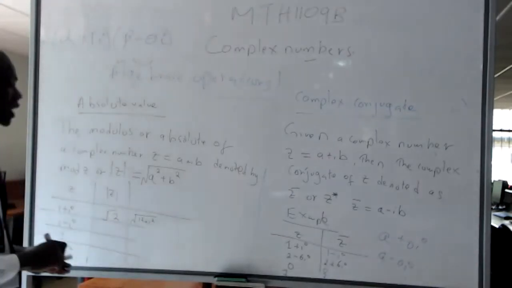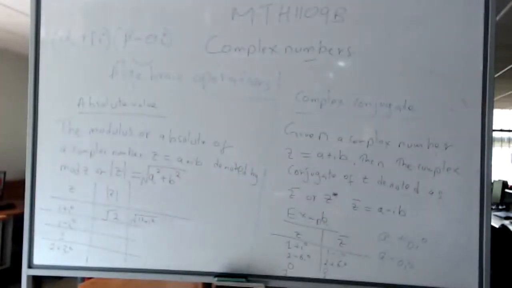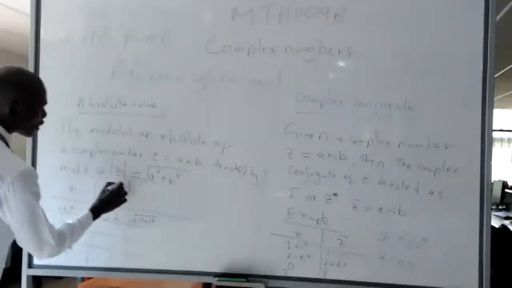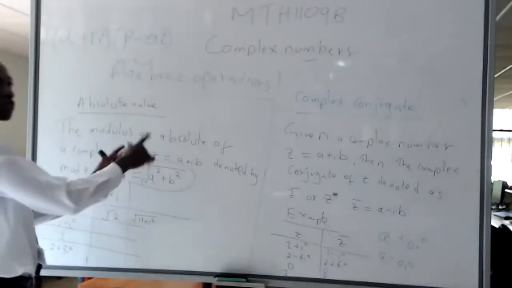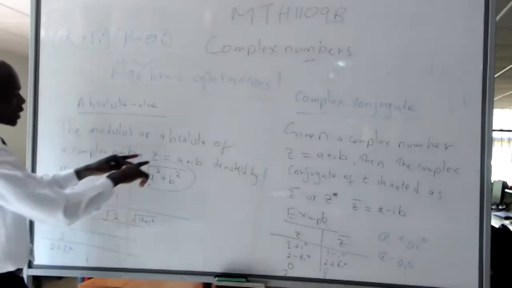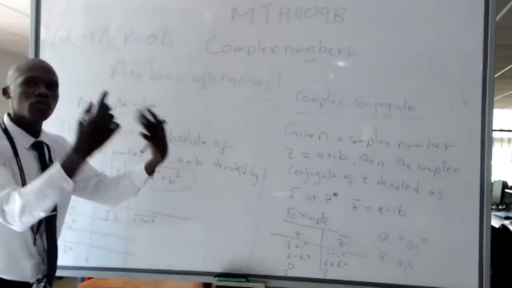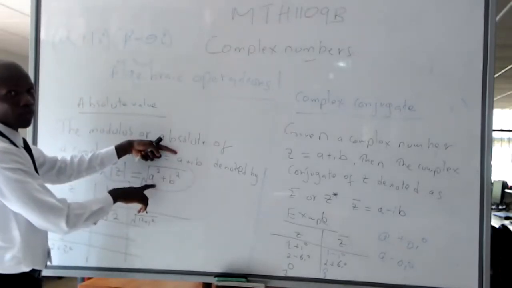How about 1 minus i? Please repeat, I haven't understood. The definition is that the absolute value of a complex number is the square root of the sum of the squares of the real and imaginary parts. So given a complex number z = a + ib, to find the absolute value, take the real part, which is a, and find the square of a.